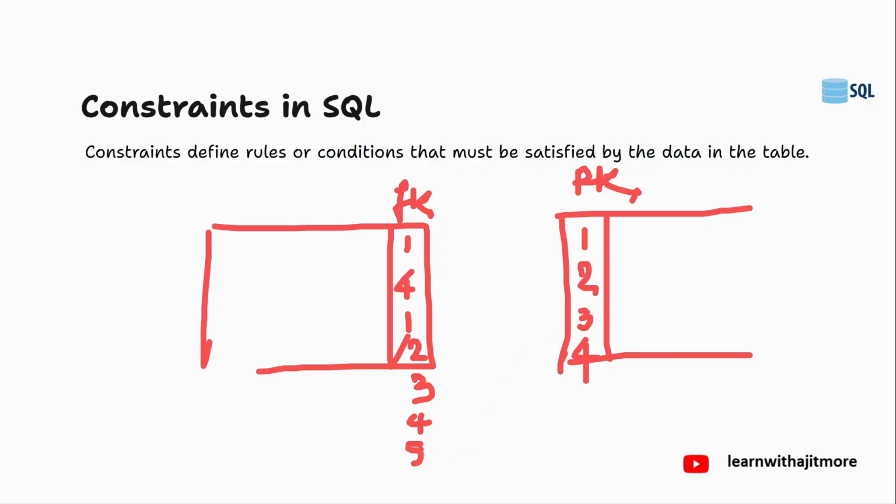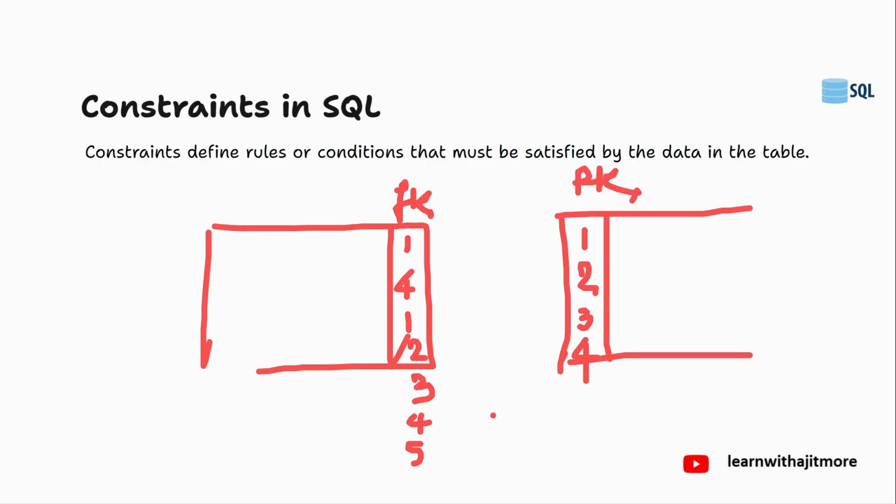So can anyone tell me, when I try to give 5, will that 5 get saved or will an error come? That foreign key is violated. Loudly, I'm not able to hear you, what you said. Anyone can say. Girls also can answer.